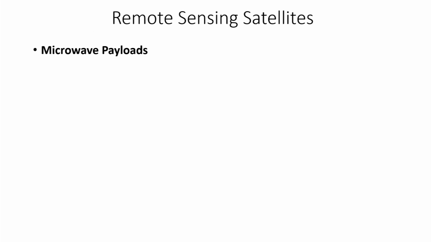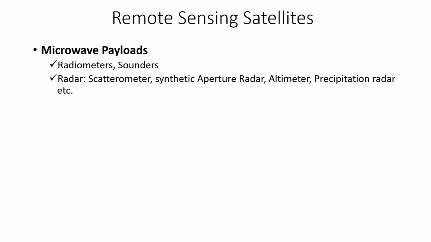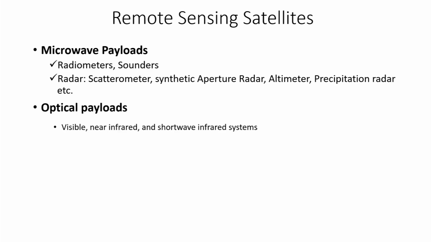And remote sensing satellites. There are 2 types of remote sensing payloads. The microwave payloads contain the radiometer, sounders and radars, the scatterometer, synthetic aperture radar, altimeter, precipitation radar, etc. Then optical payloads, which can be in the visible, near infrared or short wave infrared.